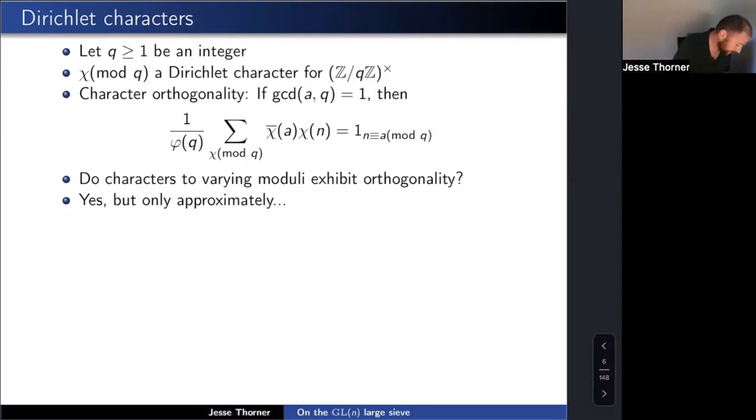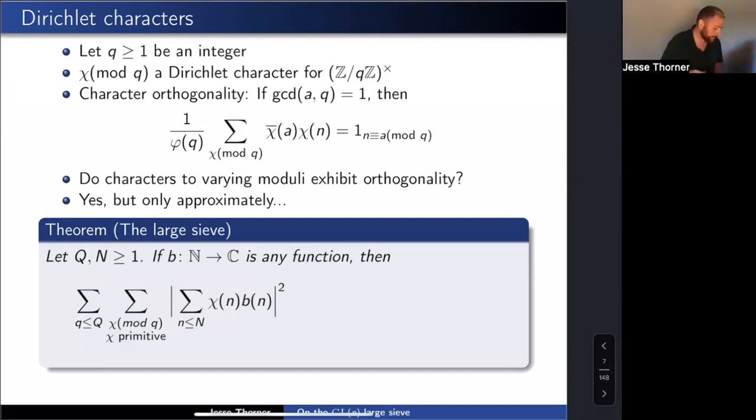And it's this approximate sense that we call the large sieve inequality, which I'll state in the following form. So I have a sum over moduli little q going up to big Q, and then I sum over all primitive chi modulo q. And then what am I summing?